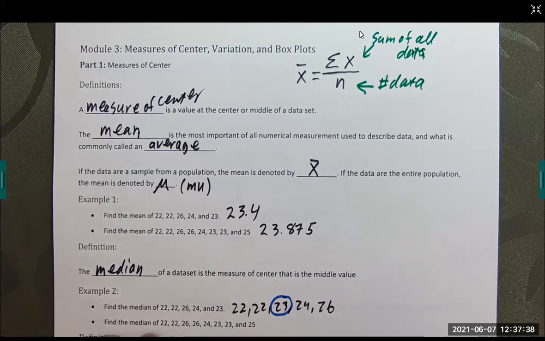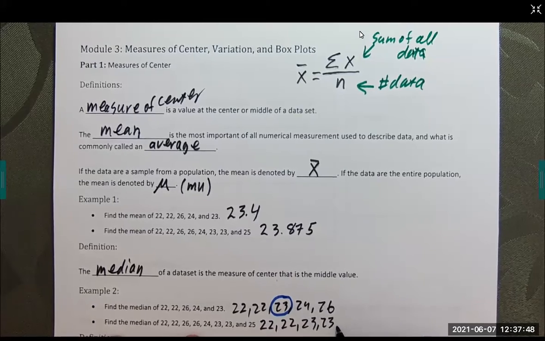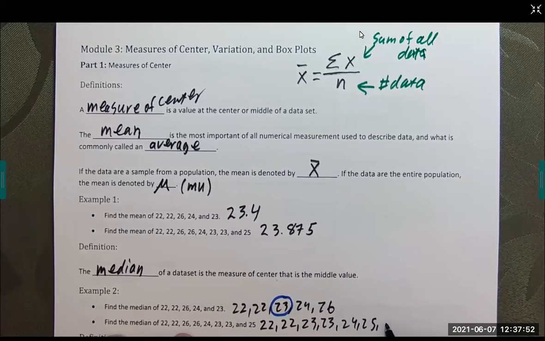For this data set, let's rewrite it again: 22, 22, 23, 23, 24, 25, 26, 26. That's all of them, 1, 2, 3, 4, 5, 6, 7, 8. We're going to find the middle number.